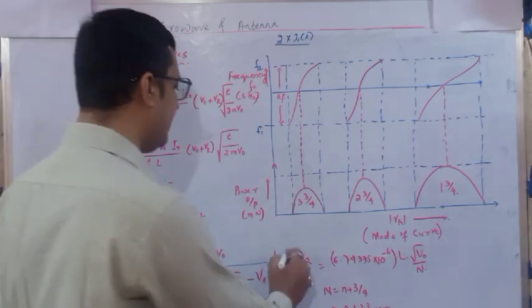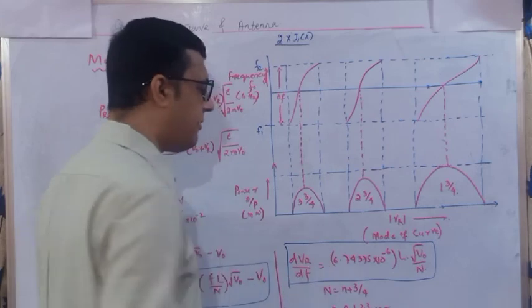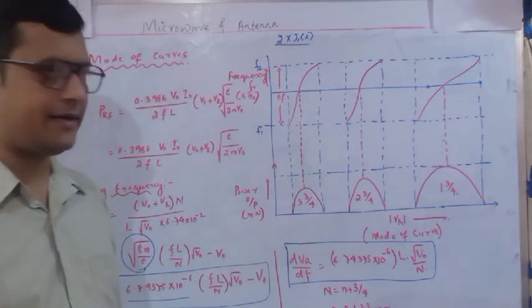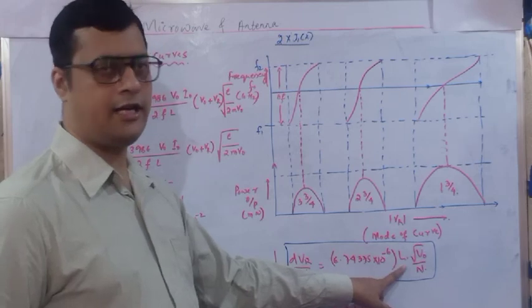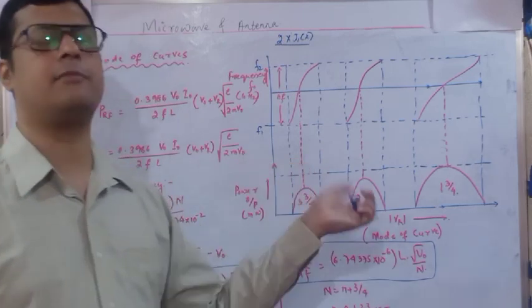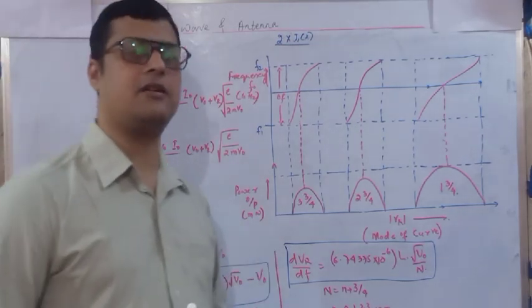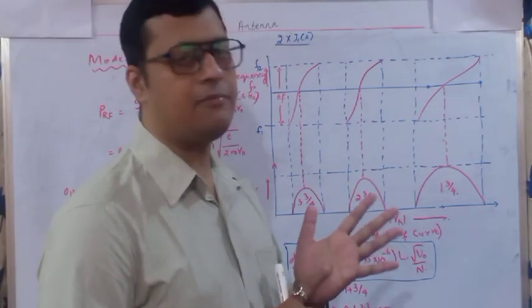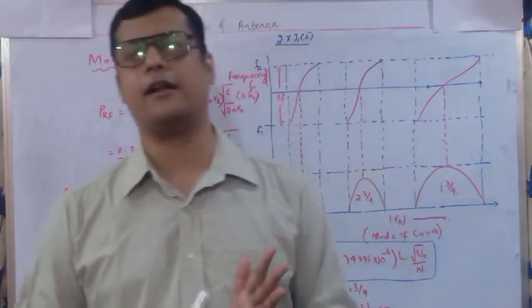So we will get dVr by dF equals 6.735 into 10 to the power minus 6 root over of V naught into L divided by N. So this is my relation. With the help of this relation also we can determine the repeller potential. So this repeller potential controls the operating frequency and the output RF power.